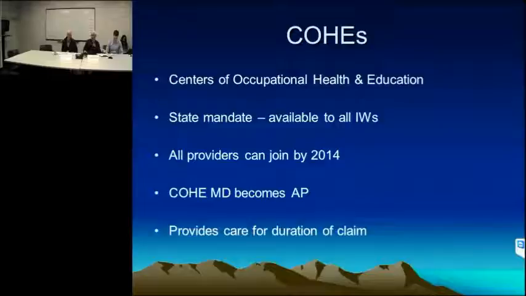I honestly don't know whether it actually achieved that goal, but the basic issue is that the COHEs can help manage injured workers, and basically they recommend that physicians who do workers' comp work join a COHE, and if not, that they're willing to basically take over and manage these work compensation claims.